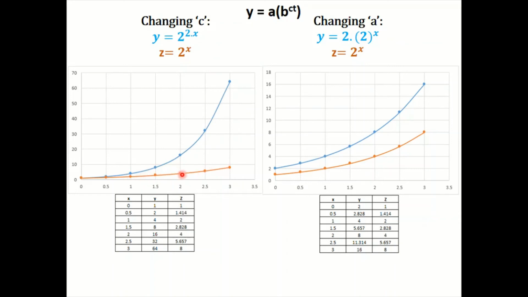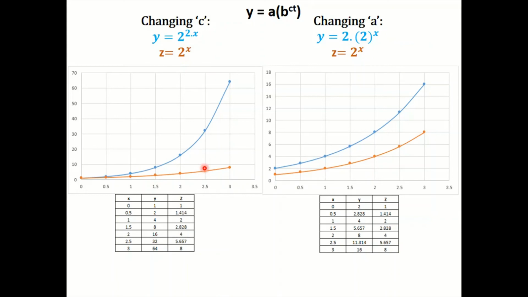What we can see is when the value of c increases, it is effectively compressing the exponential curve towards the y-axis. If you were to halve the value of c, then this would extend the curve away from the y-axis.